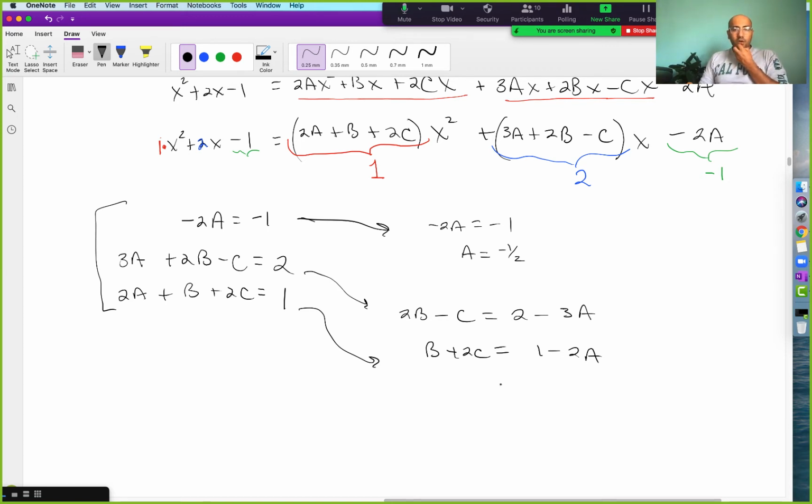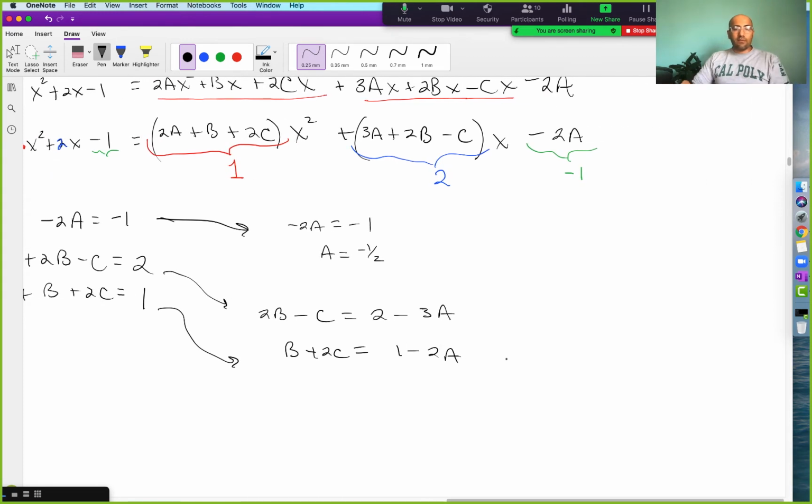If I can cancel out one of these letters, I'll be able to find the other one. So let's multiply this one by 2, and then I'll end up with a 2 right here, and when I add them, I'll be able to get a 0, canceling out the c's.